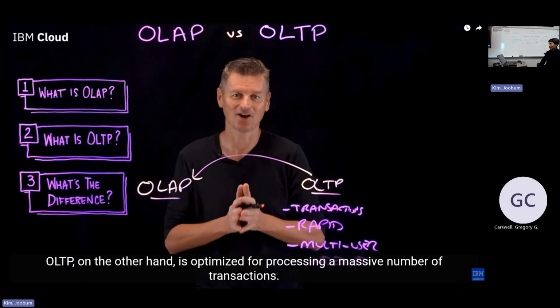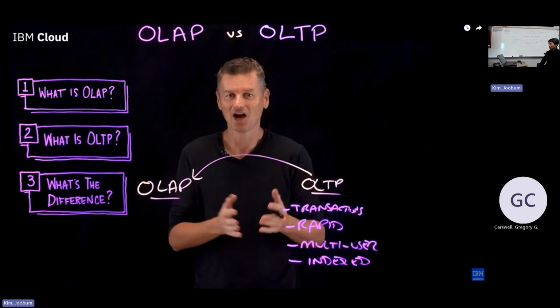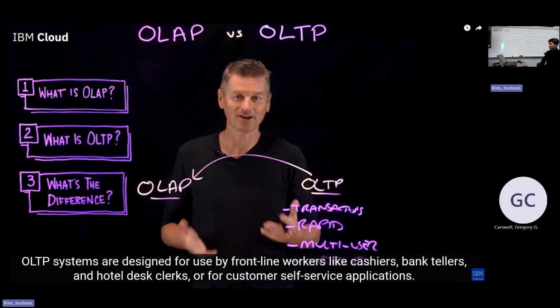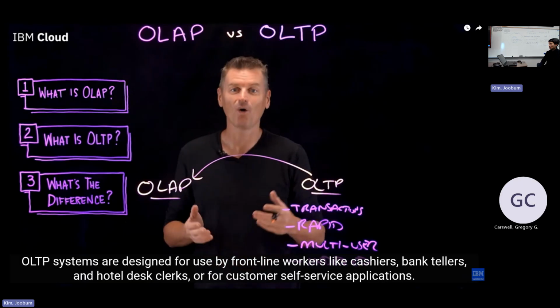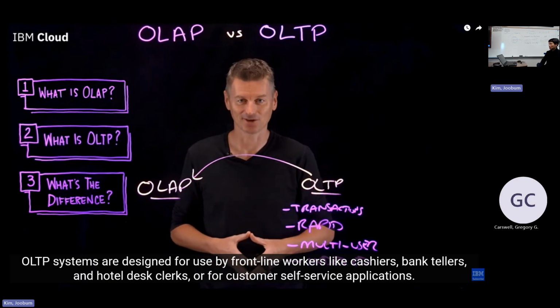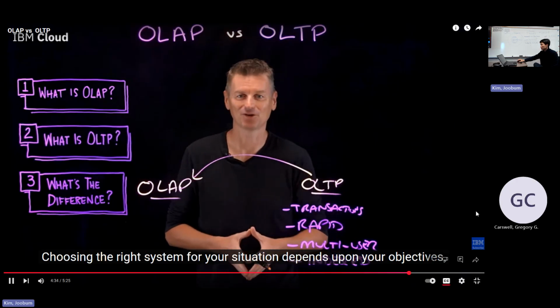OLTP, on the other hand, is optimized for processing a massive number of transactions. OLTP systems are designed for use by frontline workers like cashiers, bank tellers, and hotel desk clerks, or for customer self-service applications.